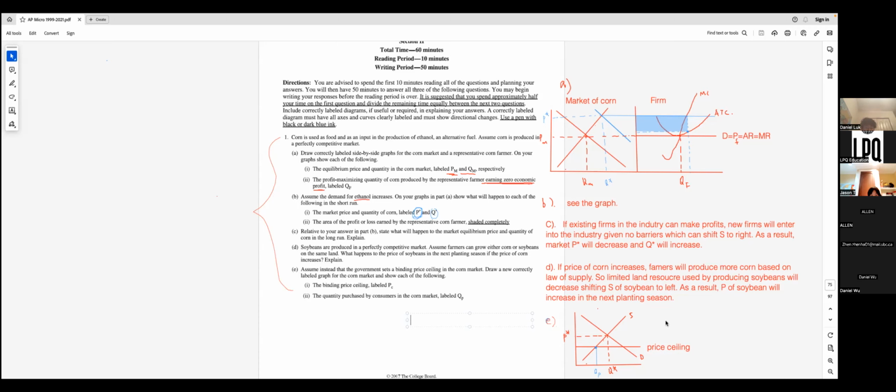Okay, the lesson. What can we learn from E number 2? Maybe we can write this down.